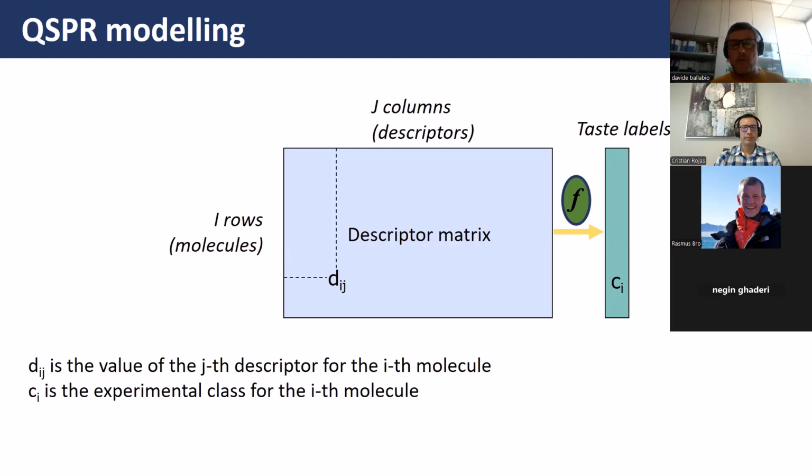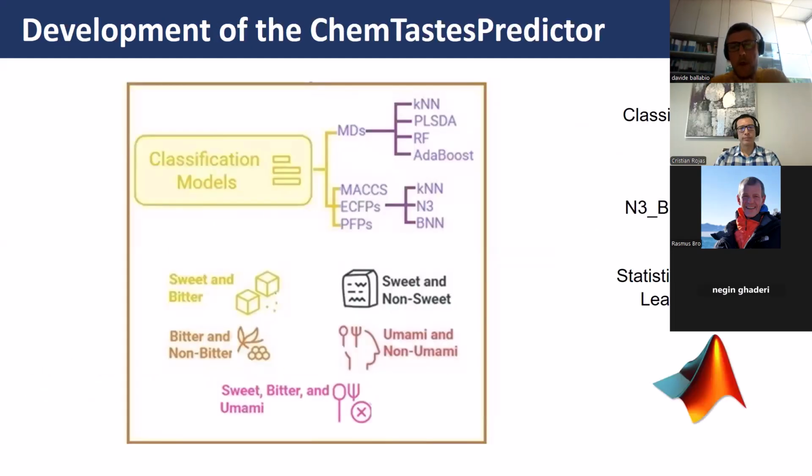In the previous example, to predict if a new chemical is sweet or not sweet, umami or not umami, bitter or non-bitter, and so on. So we did all these models on the basis of the information we had in the database. We did a lot of trials because we had a lot of nice data, and these are data that are available and can be downloaded for free.